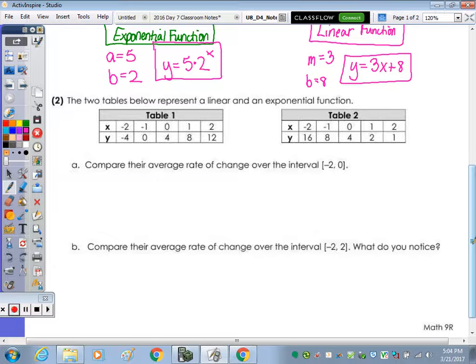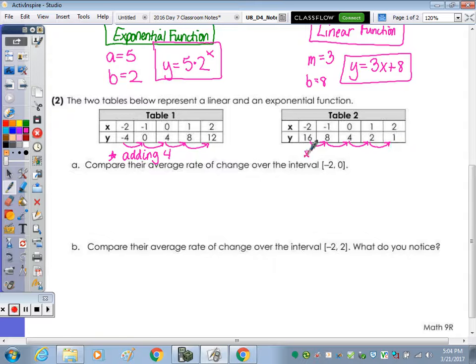So in looking at the y values, to go from one to the next, that's a continuous increase by 4. So we're adding 4 from one to the next. Over here, well, 8 is half of 16, 4 is half of 8, 4 times 1/2 is 2, 2 times 1/2 is 1.